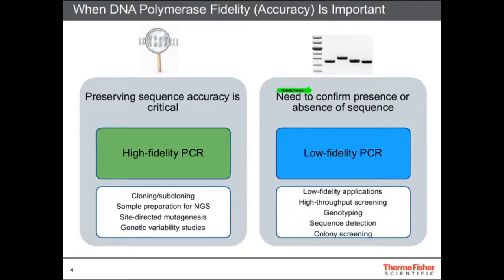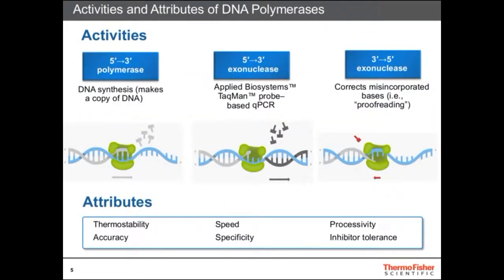But then when you're working with experiments where you might be cloning, you're doing some sort of pre-amplification step for next-gen sequencing, or you're doing site-directed mutagenesis, or any kind of SNP analysis looking at variability, then obviously the accuracy of the polymerase is very, very important in those experiments.